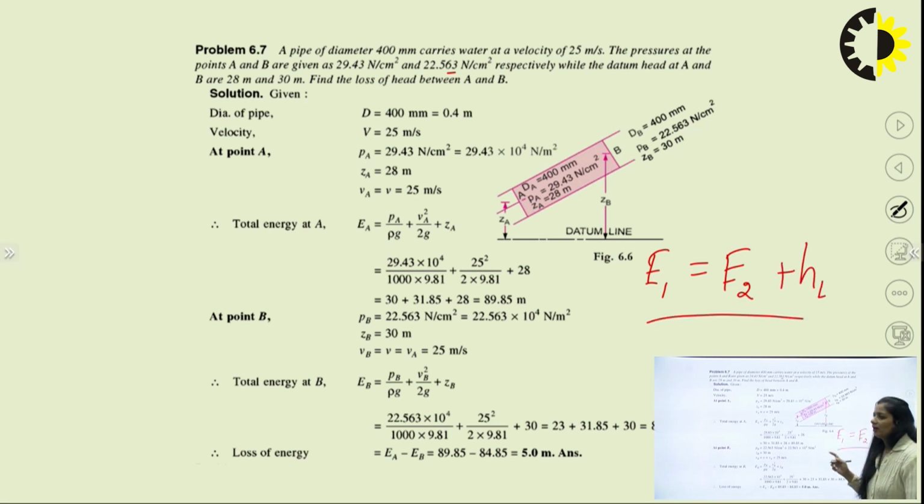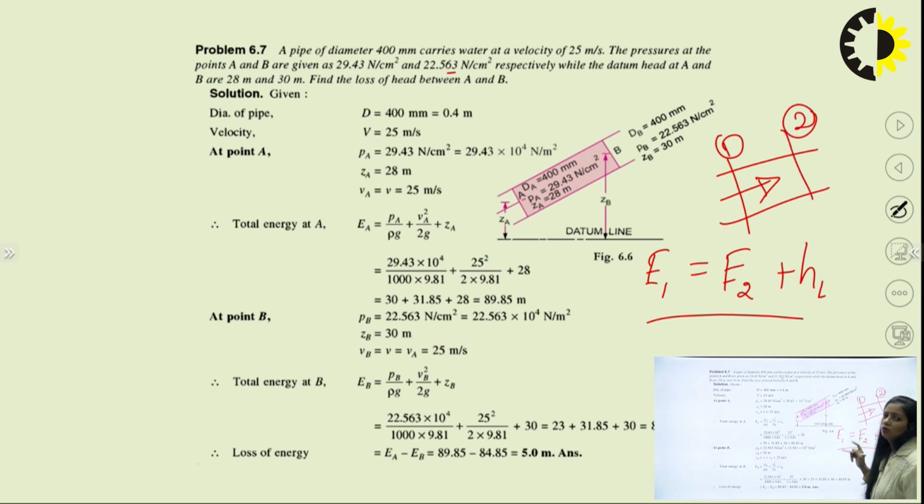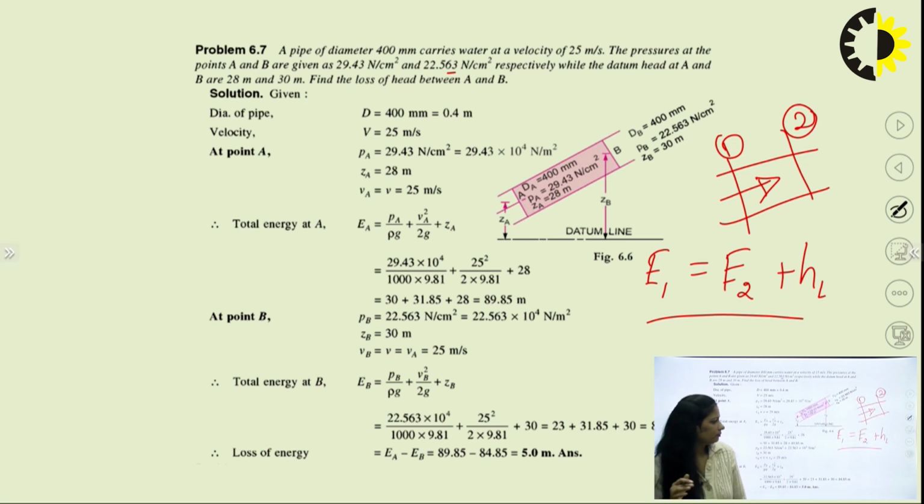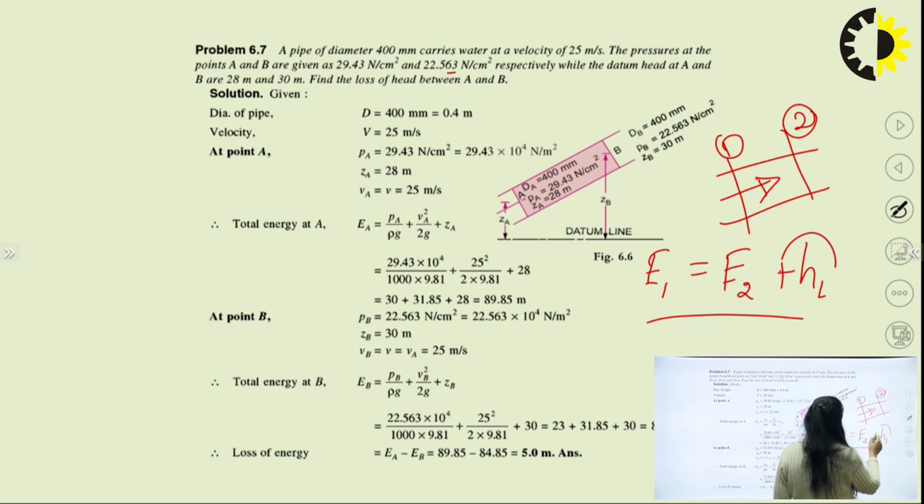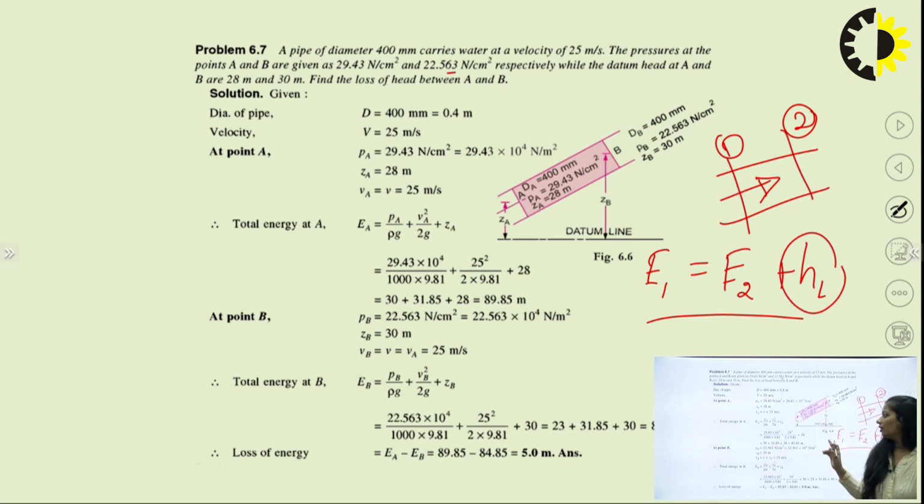By meaning of this equation, if flow goes in this direction, like this is your section 1 and section 2, and the direction of flow is from section 1 to section 2, then with the direction of flow there must be a head loss. Okay, there must be a head loss associated in the direction of flow.